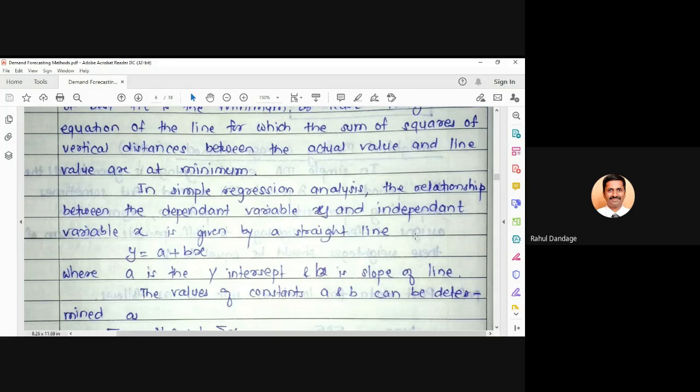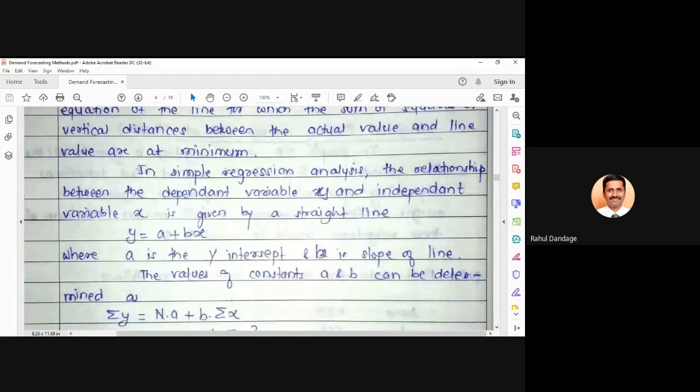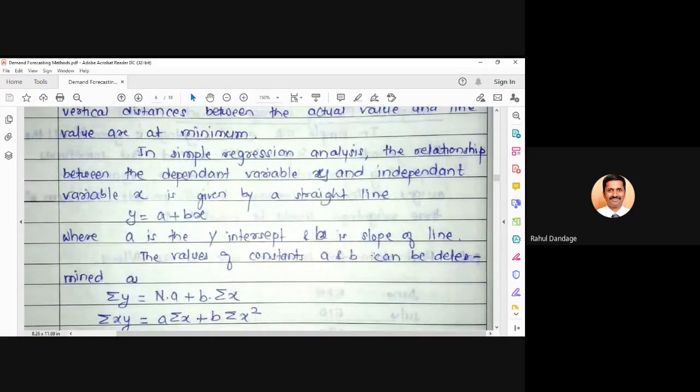Here x is an independent variable, so it is not depending on the value of y, but y is the dependent variable because its value depends upon the value of x. This is a straight line equation where y is the y coordinate of a particular point, x is the x coordinate of the point, a is the y intercept of the line, and b is the slope of the line.